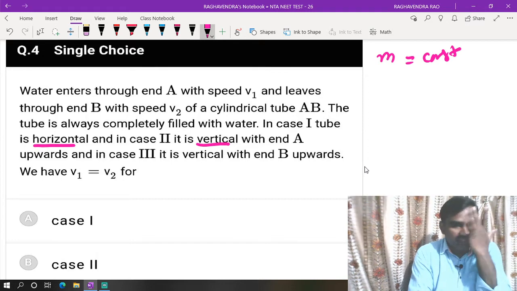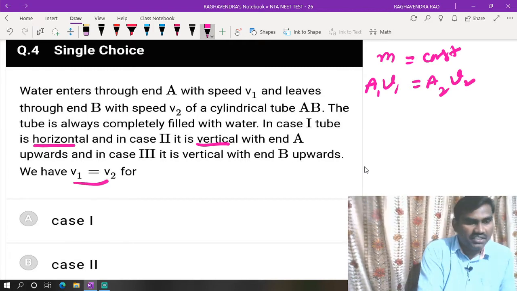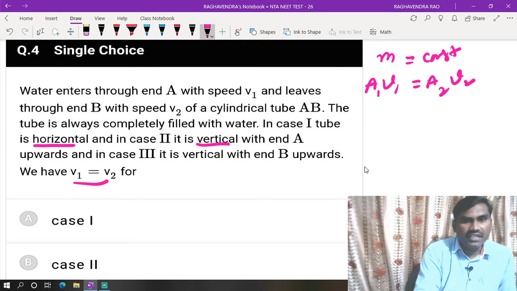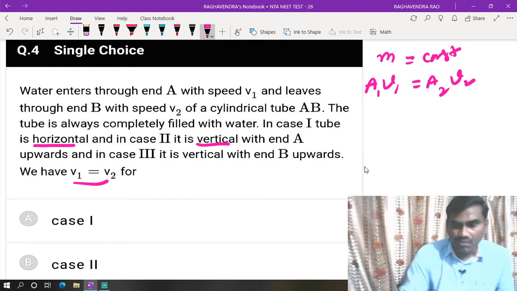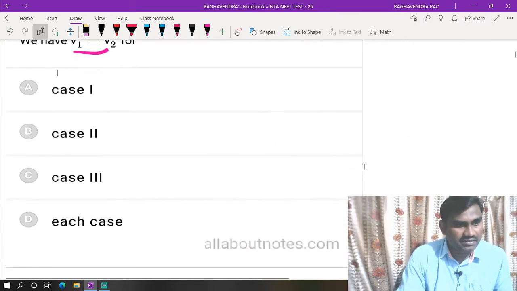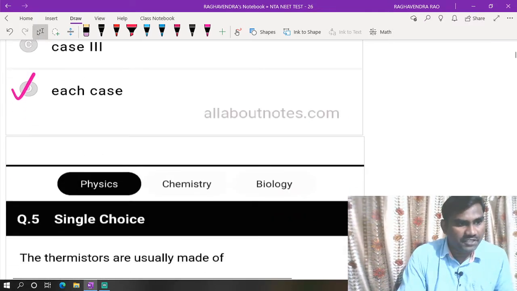So according to the equation of continuity, A1V1 is equal to A2V2. As they are saying V1 is equal to V2, the area of cross section is also the same in both cases, whether it is placed horizontally or vertically. Then in each case, V1 will be equal to V2.